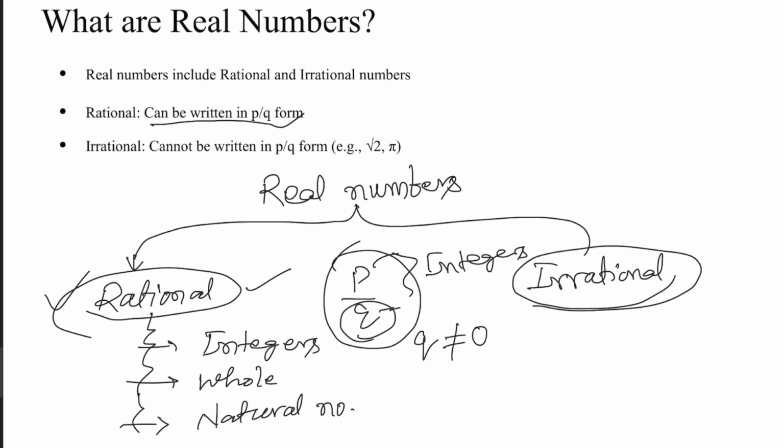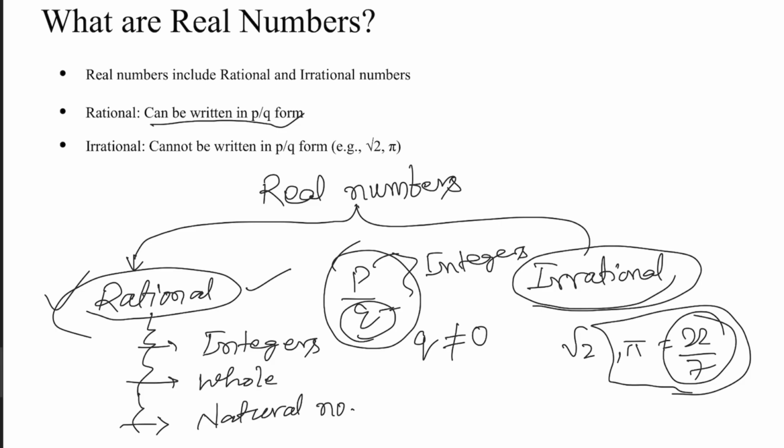And what are irrational numbers? Those numbers which cannot be written in the p by q form. Means root 2, pi. Basically pi is written in rational numbers as 22 by 7, but this is not actual, this is an approximate value.